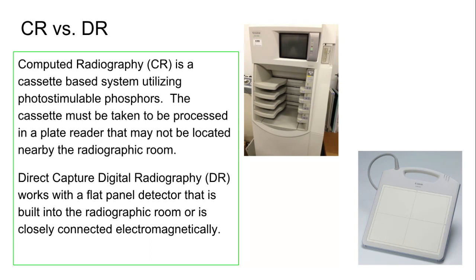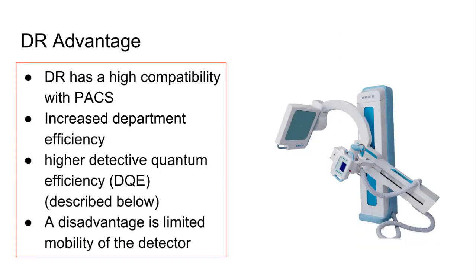And more recently, we'll talk about this later as new developments, there are mobile flat panel detectors being utilized in DR. And we'll talk about some of the ramifications of that later on. So right off the bat, there is an advantage to direct radiography or direct capture.